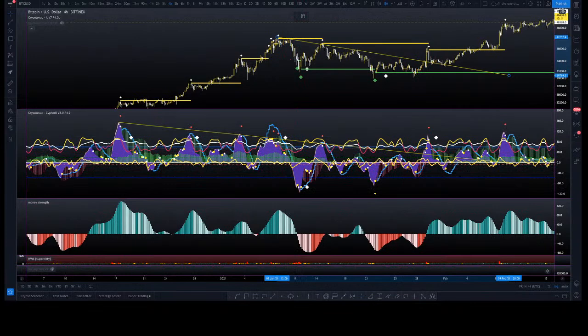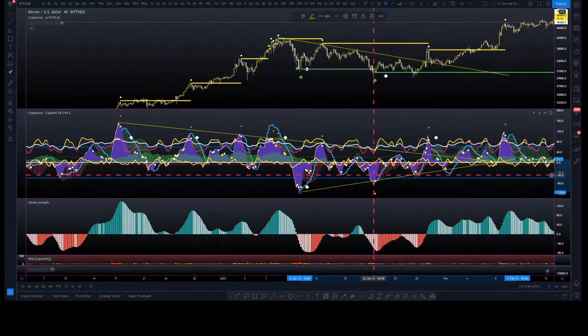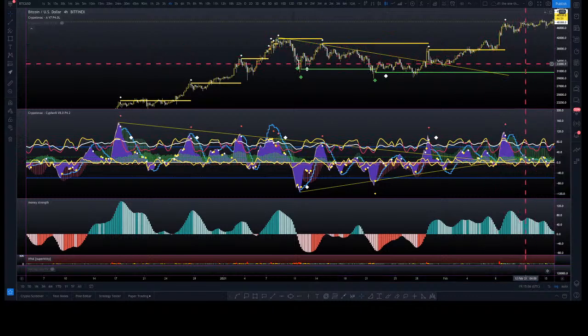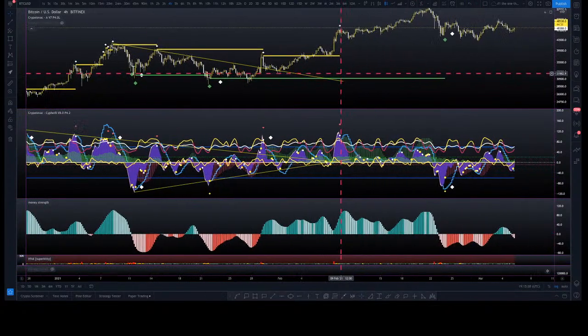Once we figured out that we had an important candle right here, an important wave, we were also able to see that the momentum was picking up, and to figure out that we're most likely going to have a breakout right here. Okay, so it works on all time frames. It's fantastic.